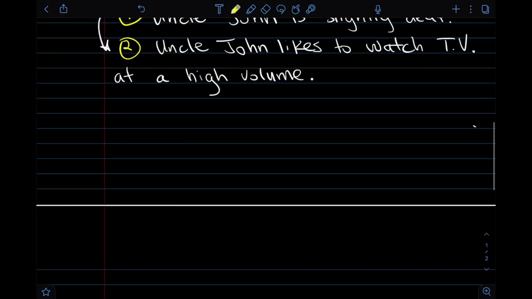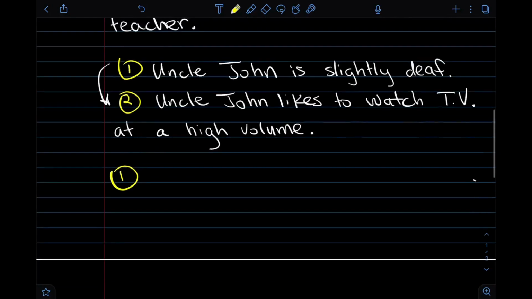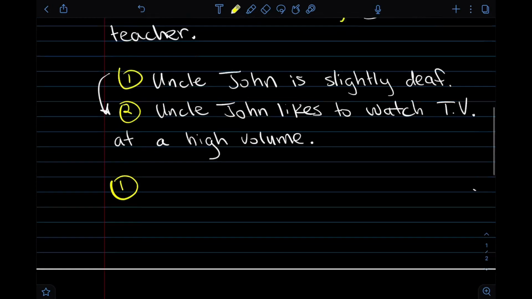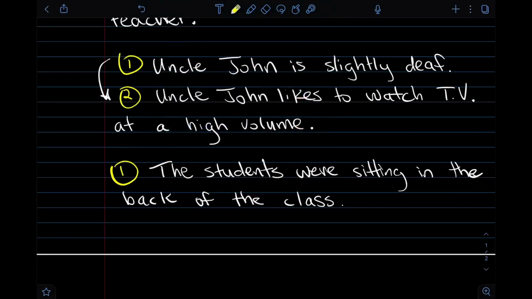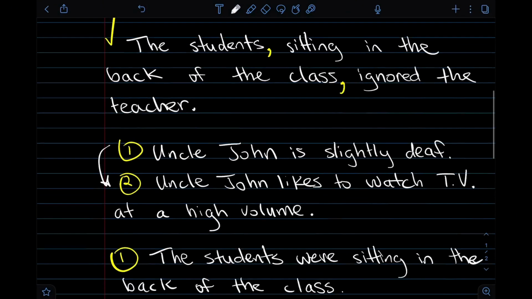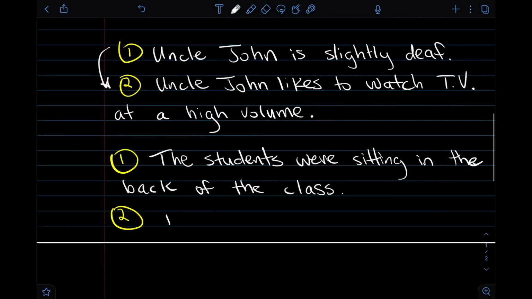We're stating two things if we do it like this. We're suggesting, one, that all of the students are sitting in the back of the class. And next, we're suggesting that they didn't listen to the teacher, that they ignored the teacher. We're not suggesting that. We're stating that explicitly.